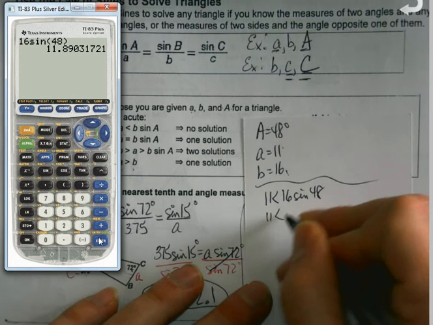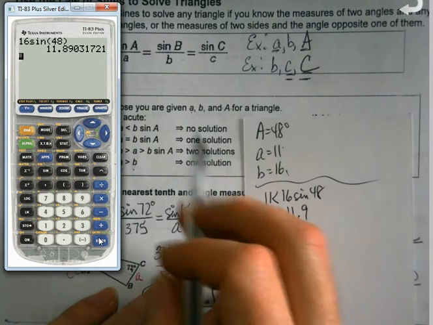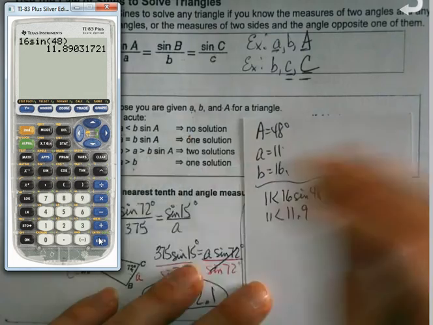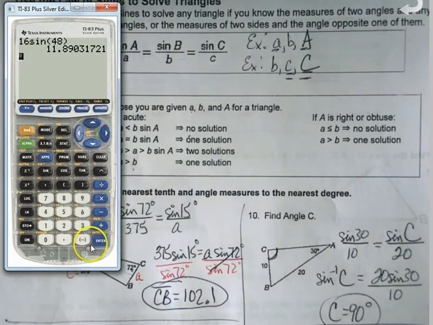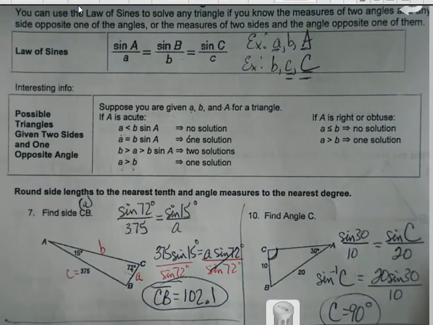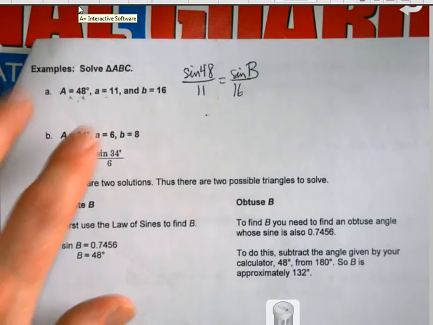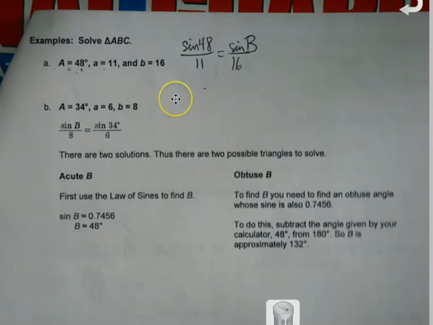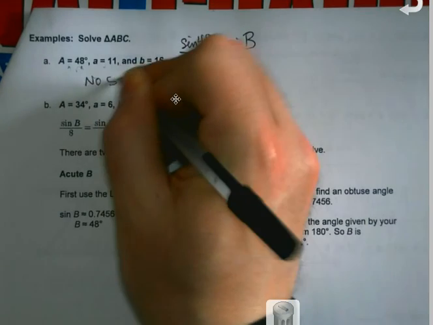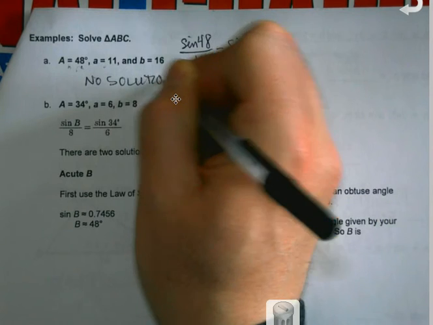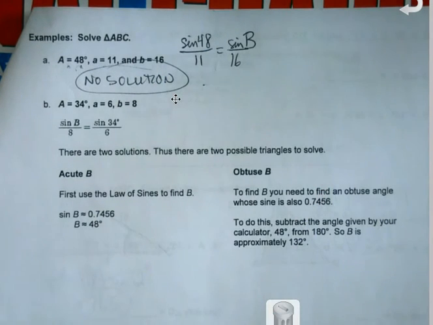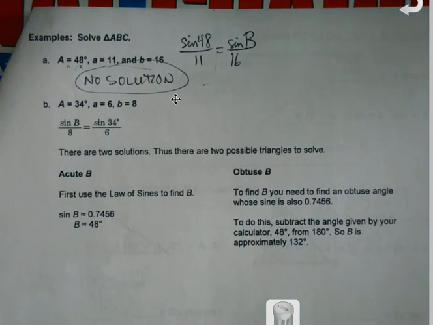So is 11 less than 11.9? Yes. There's no solution. This particular triangle, with these measurements, could not exist. So if you're ever working through one of these and you get an error message, that could be something you want to pay attention to.